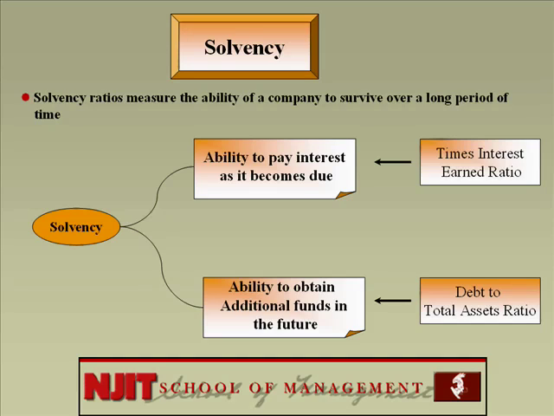The chances of obtaining a loan to meet an emergency will be low, and the company's survival will be threatened. So you want this ratio to be as low as possible. You want the times interest ratio to be as high as possible, and you want the debt to total asset ratio to be as low as possible.